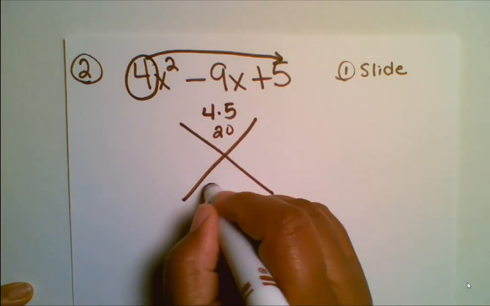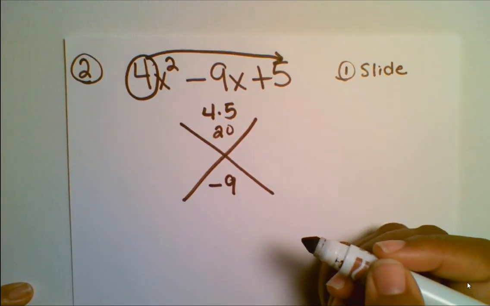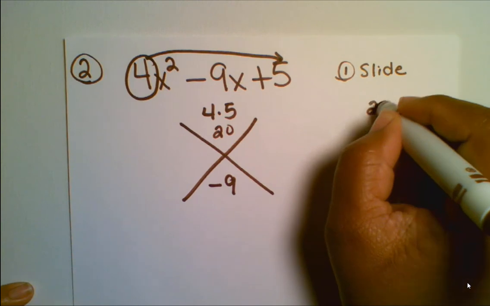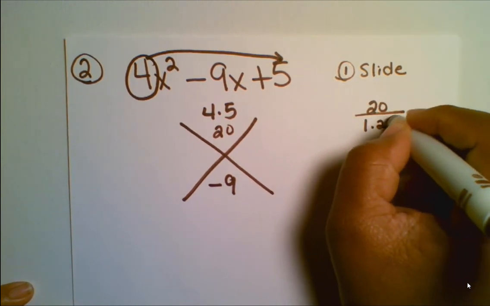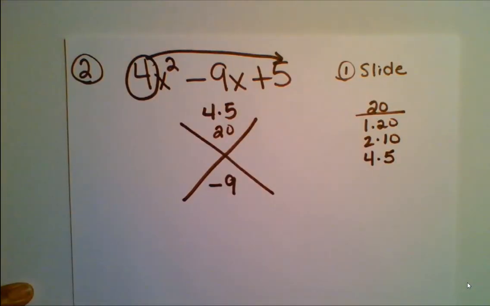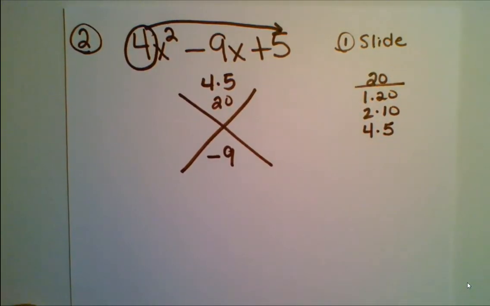That will add to give us the middle term, negative 9. So we need to find factors of 20: 1 and 20, 2 and 10, 4 and 5. Which factors will we use here? The 4 and the 5.